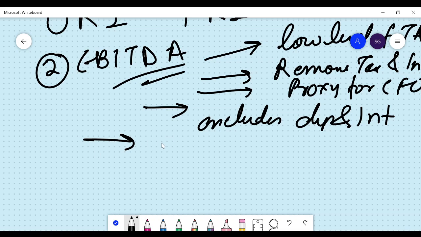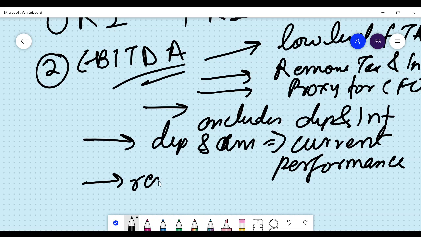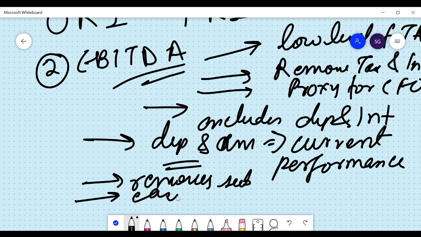Next, it does not consider depreciation and amortization, and it is a way to analyze the current performance. It removes subjectivity that can go into the calculation of depreciation and amortization. Last, it is easier to access.